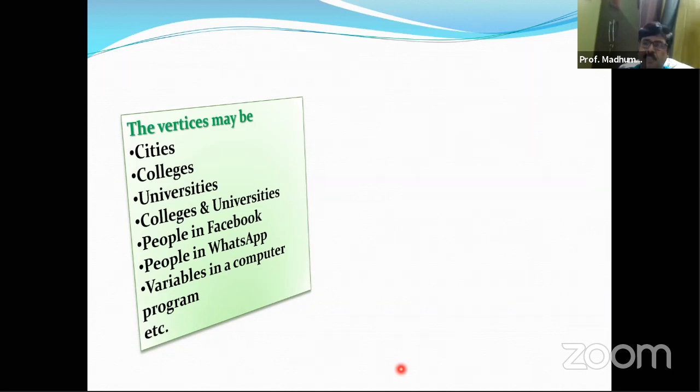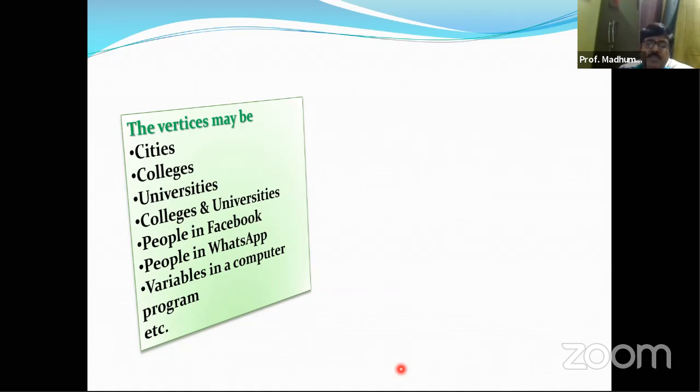Some colleges, some universities, colleges and universities combined we can consider as vertices of a graph. People on Facebook or WhatsApp, the members, may be an individual person or a group of people, that is a Facebook group or WhatsApp group, may be considered as a vertex.